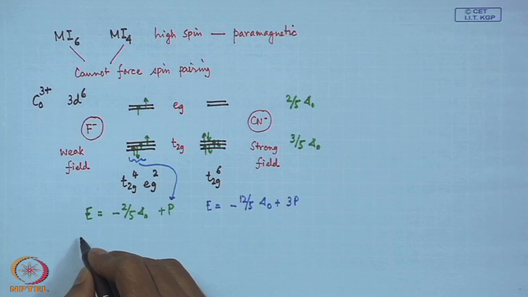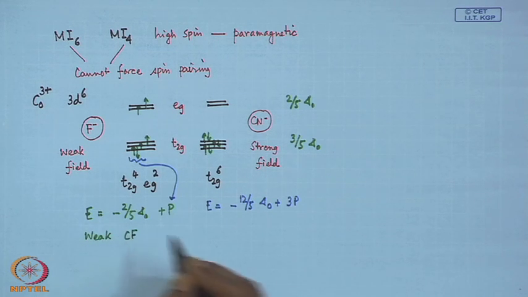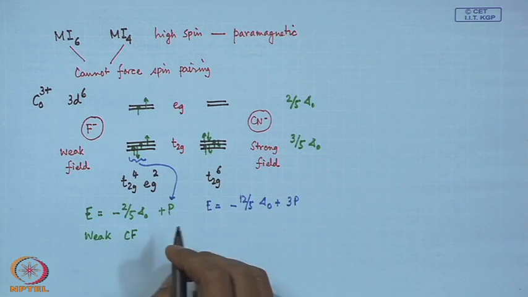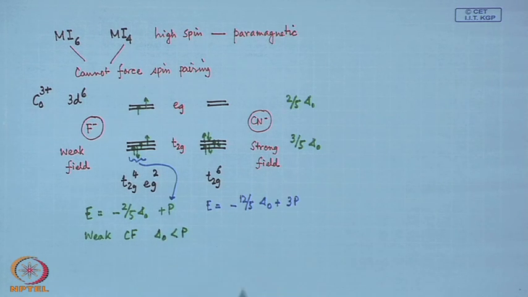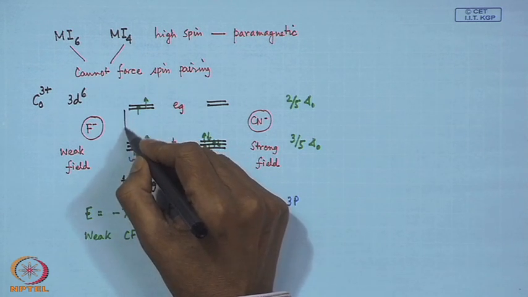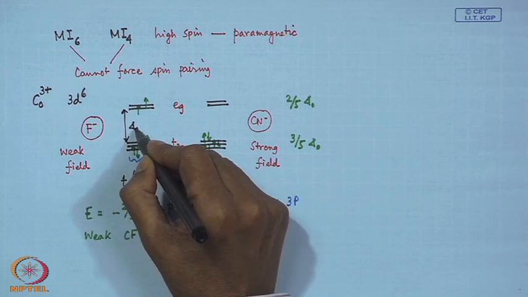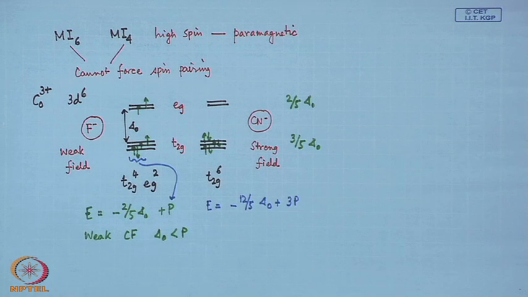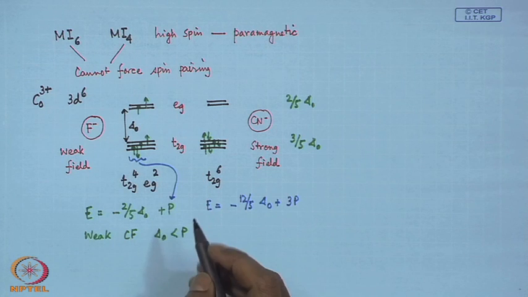In case of a weak crystal field, on the left hand side, delta O of the octahedron is less than P. That means the separation is less than the pairing energy, which is why the electrons will go from the lower to the upper level.